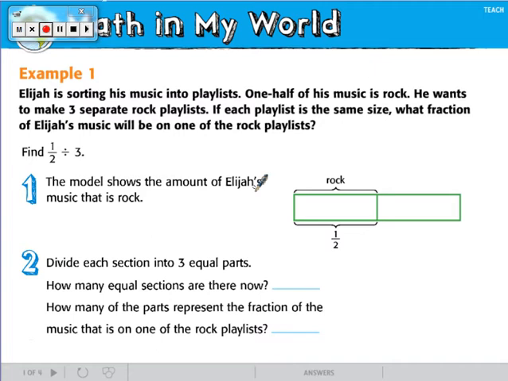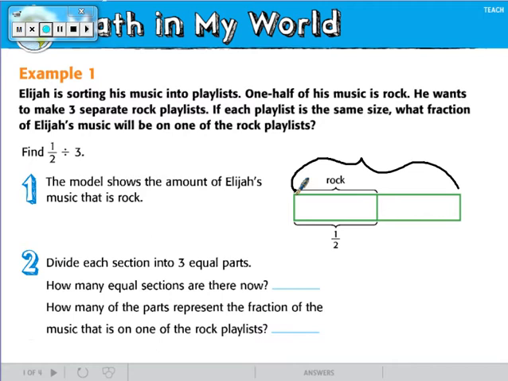So we're going to use our model that they provided for us. So this model represents what number? 3.